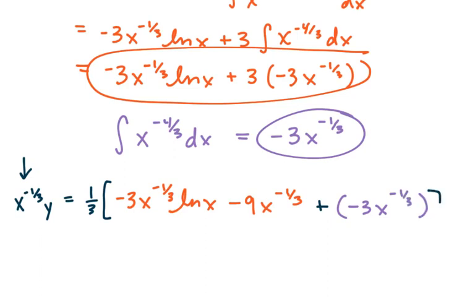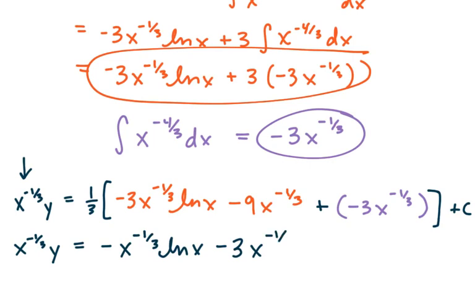All of that, and then we have plus our arbitrary constant c. So cleaning this up a little bit and distributing that 1/3, this is equal to negative x to the negative 1/3 natural log of x. The 1/3 times the minus 9 will give me minus 3x to the negative 1/3, and the 1/3 times the negative 3 gives me minus x to the negative 1/3 plus c.